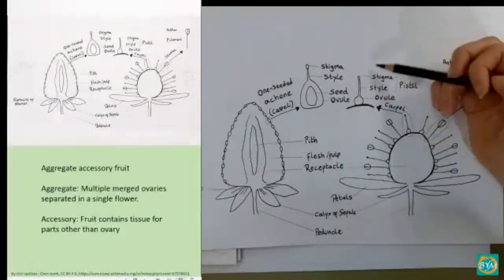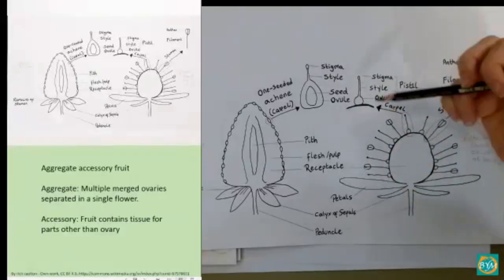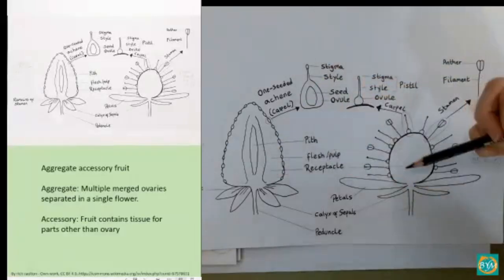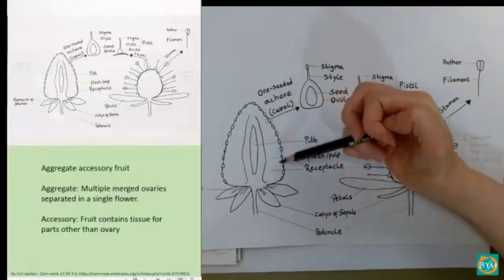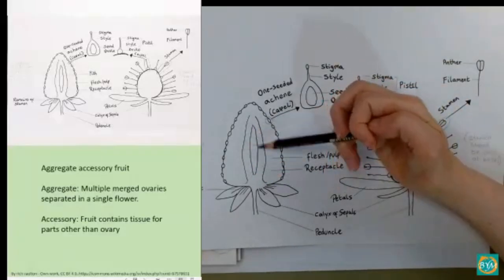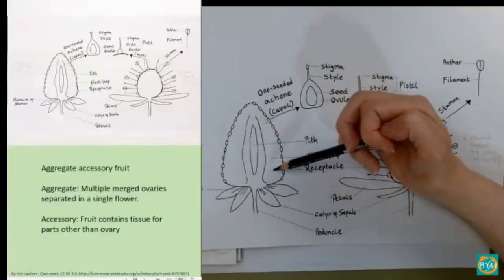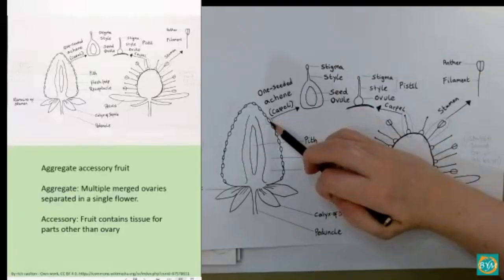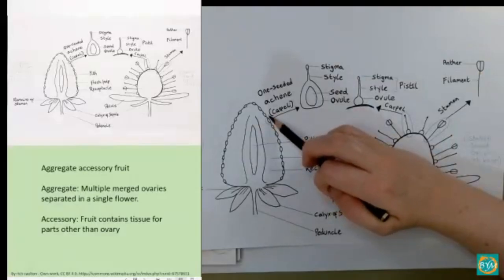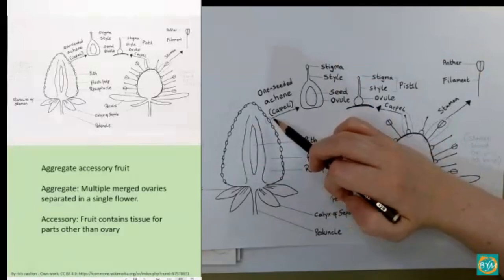What happens when this turns into the fruit, into the strawberry, is that this part, the receptacle, becomes the flesh. And therefore, because it's a receptacle and not an ovary, it isn't technically a fruit. And then these little parts that we think of generally as seeds are not the seed as such. The seed is inside it.